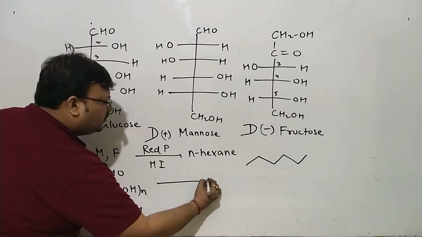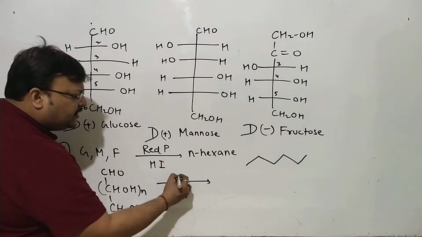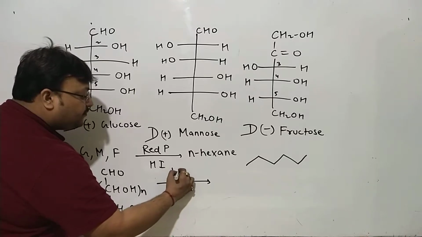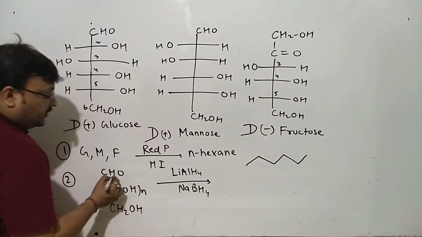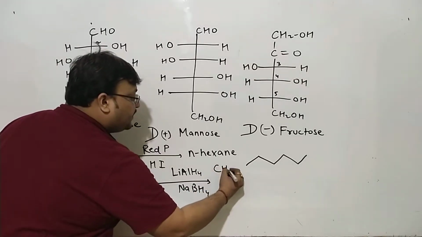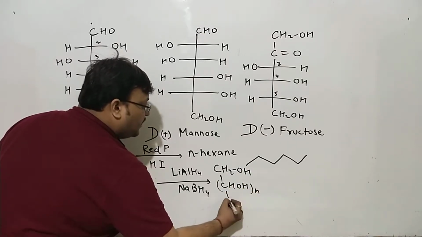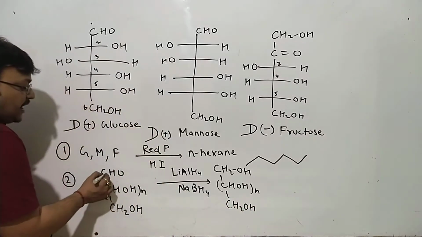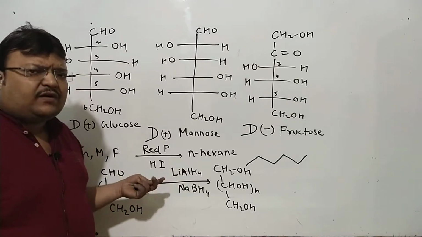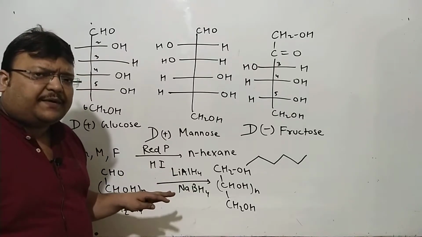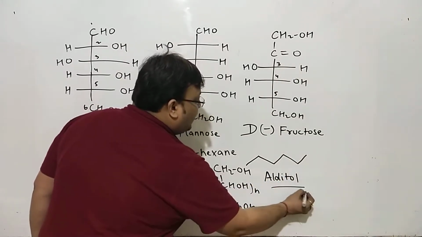An aldose, when reduced using lithium aluminum hydride or NaBH4, which are popular reducing agents for aldehydes and ketones, this CHO will get reduced to CH2OH, then the CHOH groups remain, and the CH2OH. So basically the aldehyde is getting reduced to an alcohol. The same will happen with the ketone. Ketone also gets reduced by lithium aluminum hydride or NaBH4. For an aldose, the product is called an alditol.